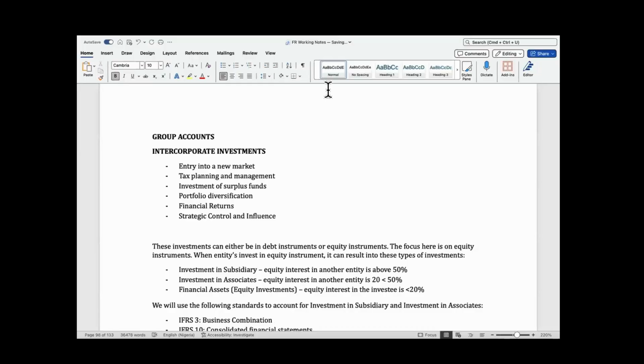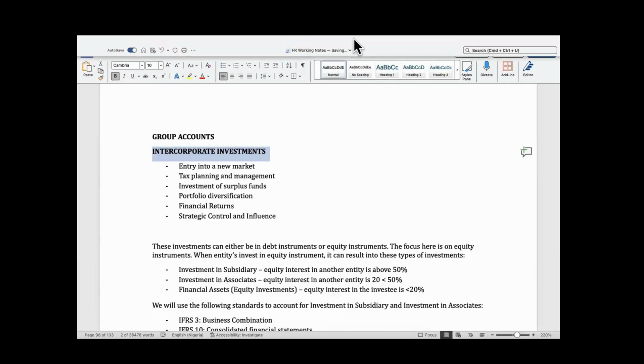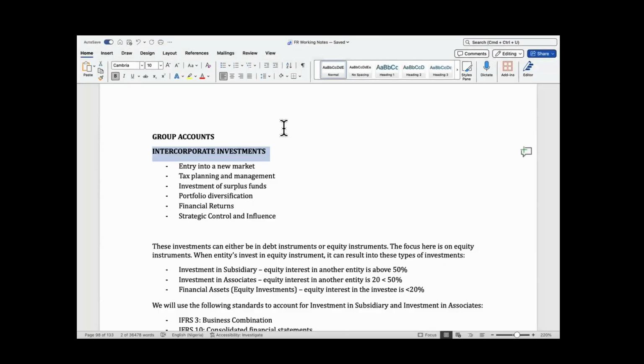So group accounts, why are we talking about it? Why do you want to prepare it? This is the reason. The reason is intercorporate investments. It's because companies are investing in another company and they have reasons for that. Either because they want to enter a new market, a new industry, a new country, or for tax planning.